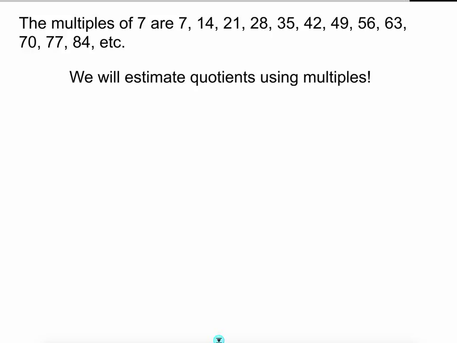So we need to know multiples, and basically that is your multiplication table for the multiplication facts of 7. So we are going to estimate quotients using the strategy of multiples. Let me show you how we do it.